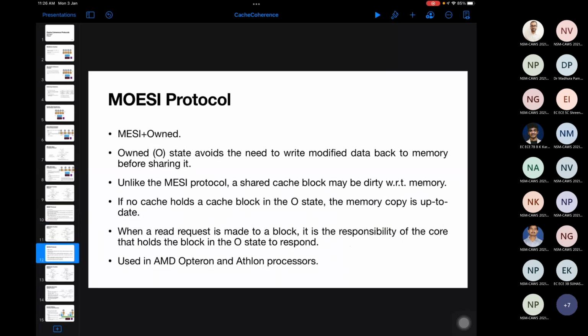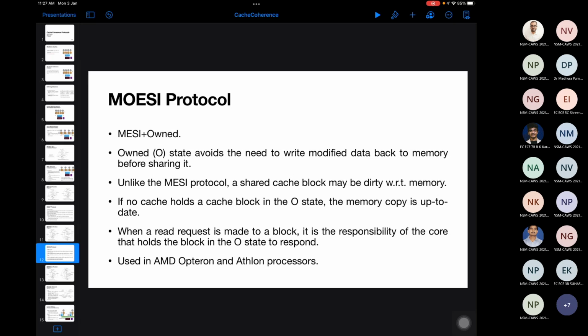So when we are evicting a block in an owned state or a modified state, we'll be updating that to the lower level. Otherwise, we are not going to update it. Unlike MESI, a shared cache block may be dirty with respect to memory in MOESI. In the case of MESI, if the block is in a shared state, the block and the lower level cache block both have the same data. But that is not true with MOESI.